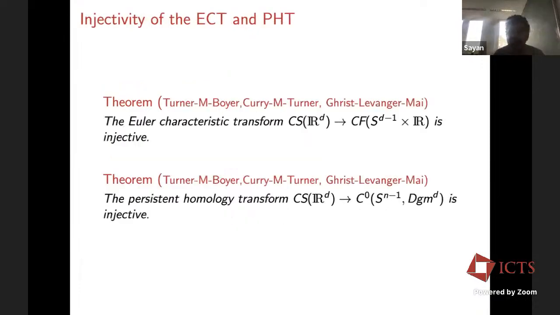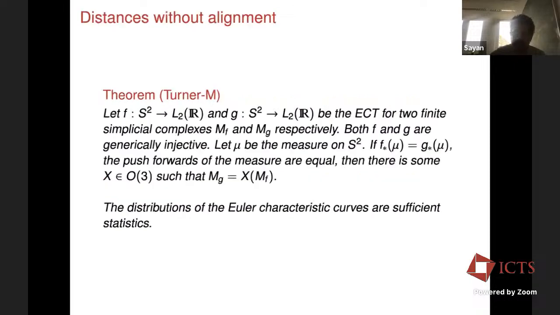Okay, so what we showed and what others showed is that there's no information lost if you look at the persistent homology transform or the Euler characteristic transform. These are injective maps. You don't lose any information.